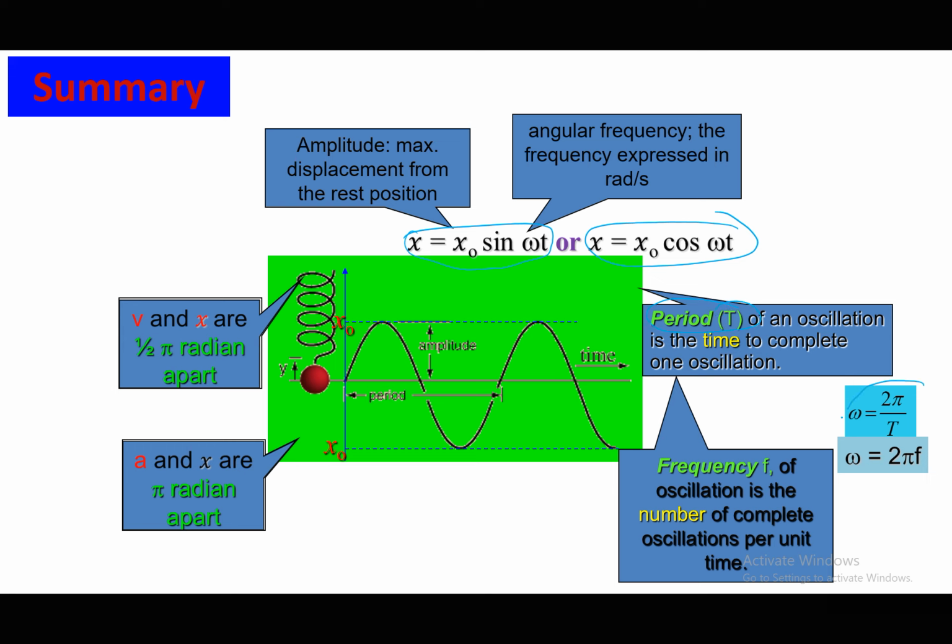We now know when to use omega equals 2 pi over T or 2 pi over f. The concepts of angular frequency, sometimes angular velocity is used in place of angular frequency to mean the same thing. We now know maximum amplitude, frequency, and so on and so forth. So that is a summary of oscillations relating them to simple harmonic motion. And I think that should be the end of simple harmonic motion.